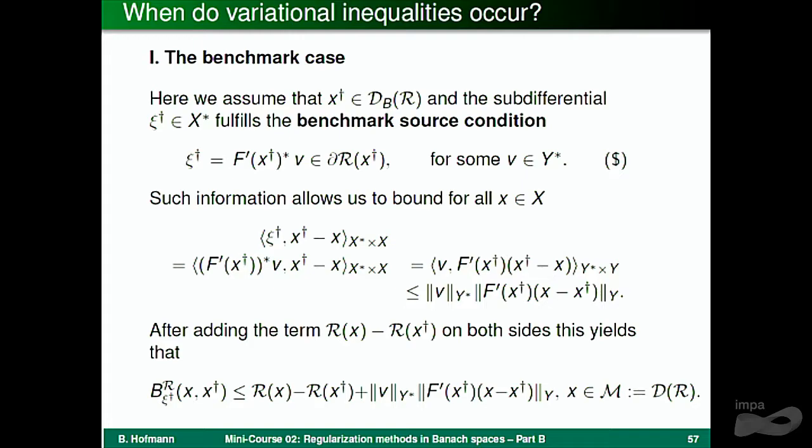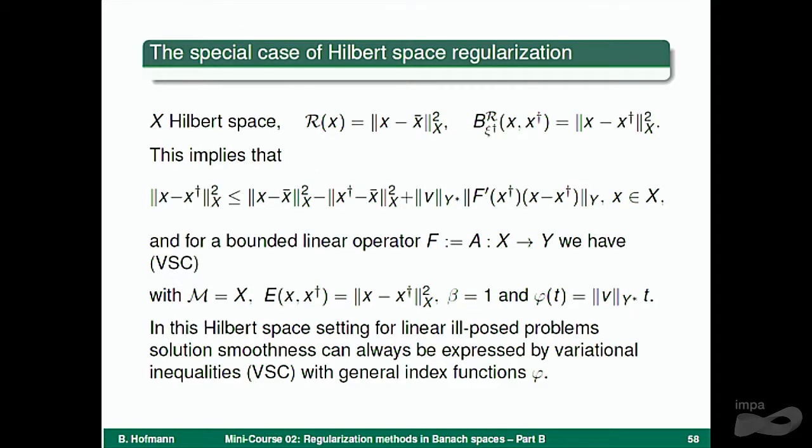That means this E here is the Bregman distance between x and x dagger. And if you do so, you see, this is the right thing. So now, if this would be a linear problem, and this would be an A, then you are ready. You have the variational source condition. If not, then you need now some theory about nonlinearity things, and you can try to formulate the things more.